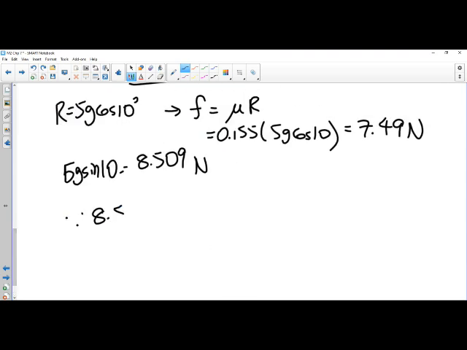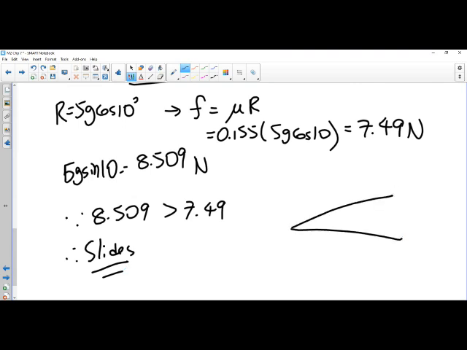So unfortunately, because 8.509 is bigger than 7.49, therefore it slides. In a nutshell, the weight pulled by gravity is 8.509. The friction can only go as big as 7.49. Because the pulling force is bigger, the particle will slide.